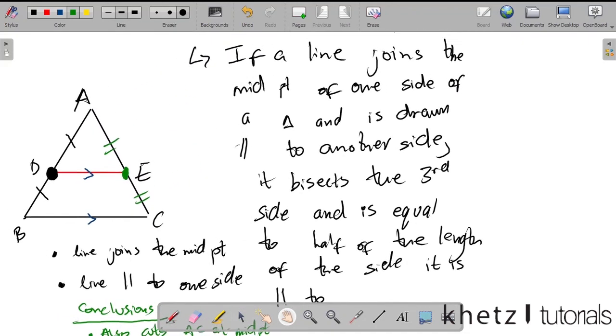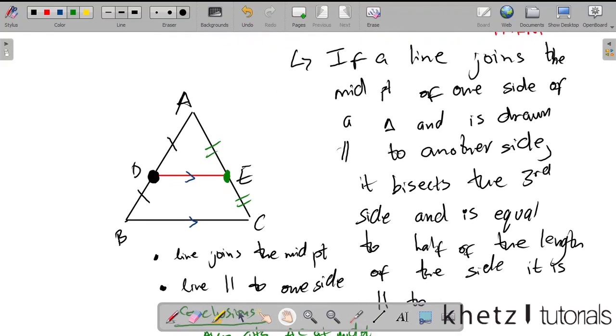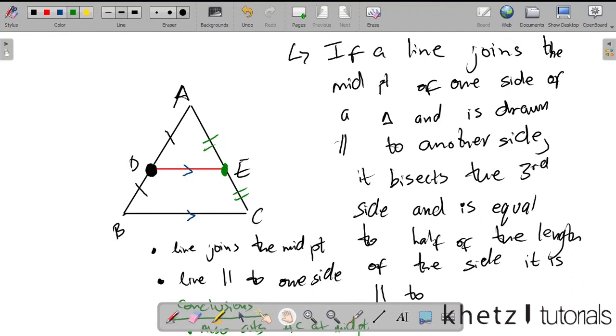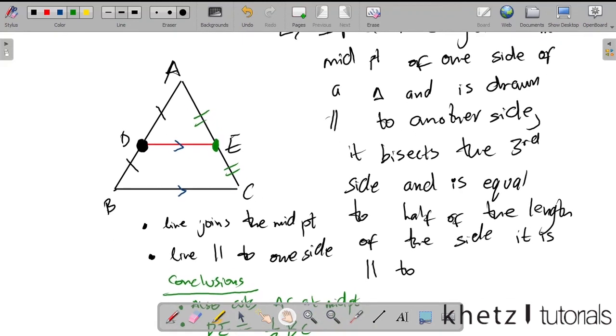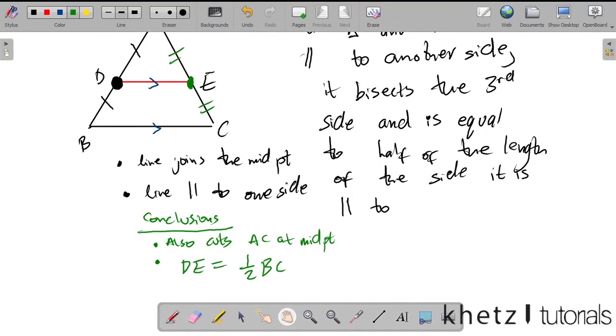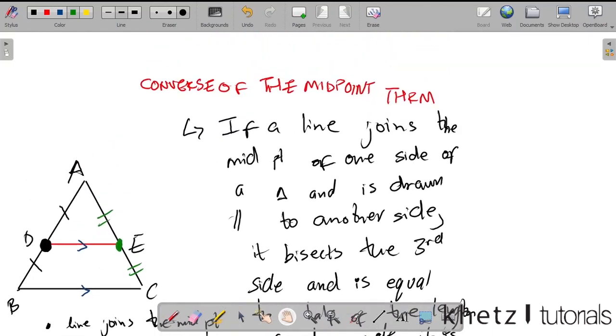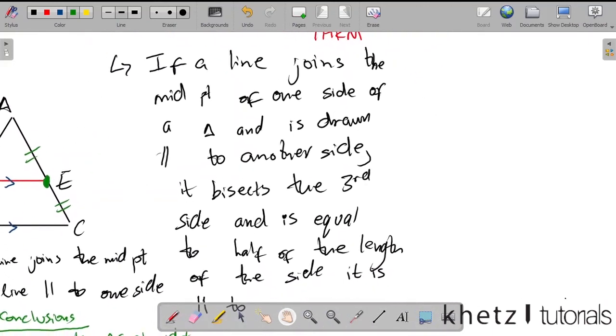So in this case we're given part of the information: the line joins one midpoint and it is also parallel to one side. And from that we can make the two conclusions, that the line also cuts the other side at the midpoint, and that the line itself is half of the line which it is parallel to. And that is the converse of the midpoint theorem.